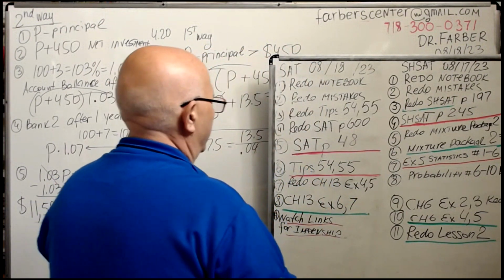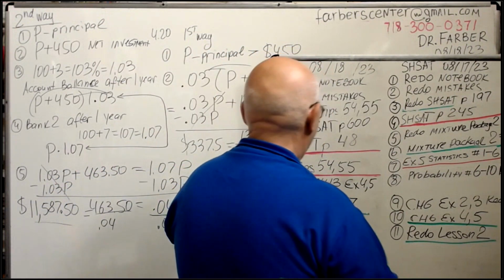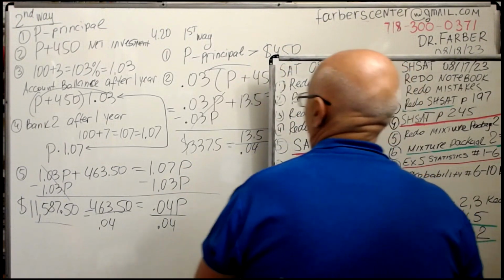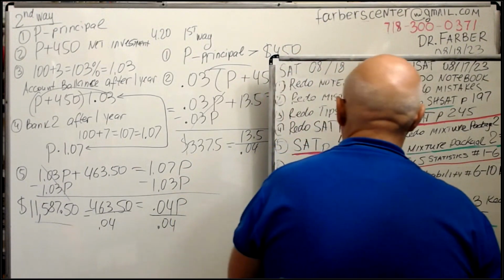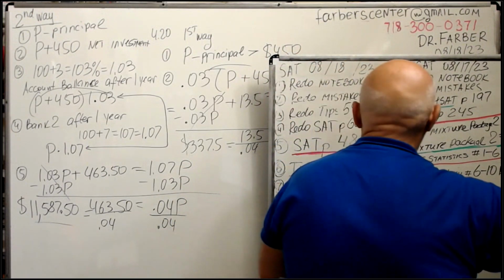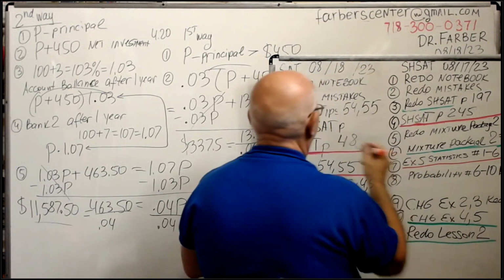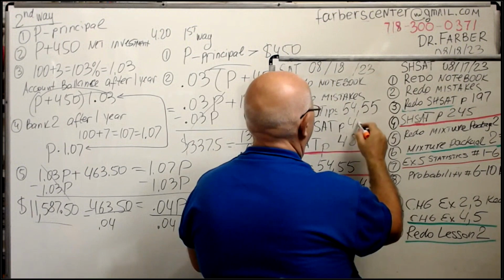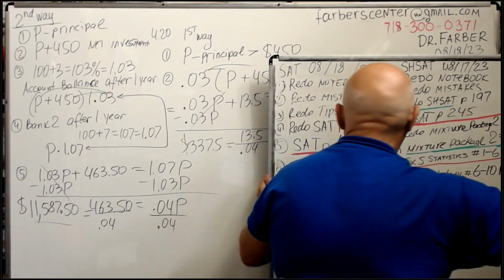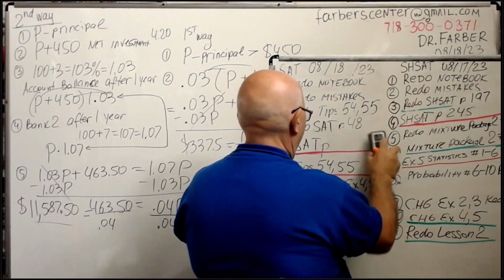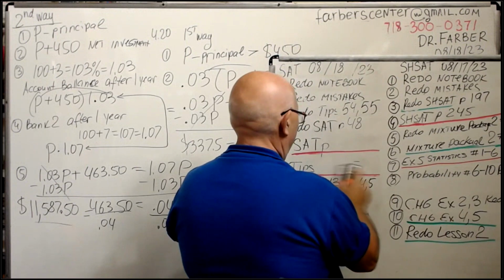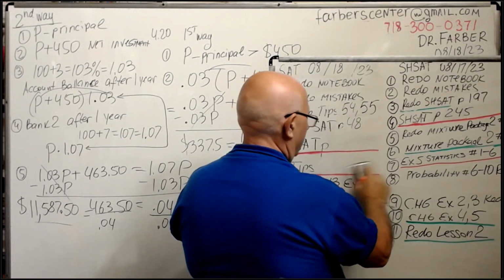When you do the SAT, what page was it? Remember? Today's is 48, I believe. Yes, 48. You get another SAT. You get 56, 57 tips.